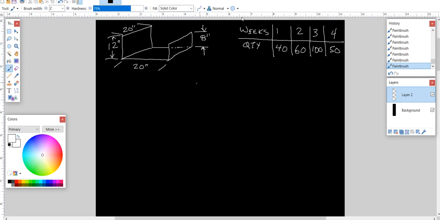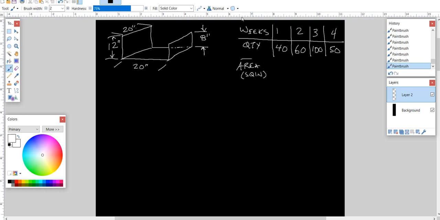So how much sheet metal does this consume per week? So let's put in the area here of the part in which it's measured. So this will be square inches.